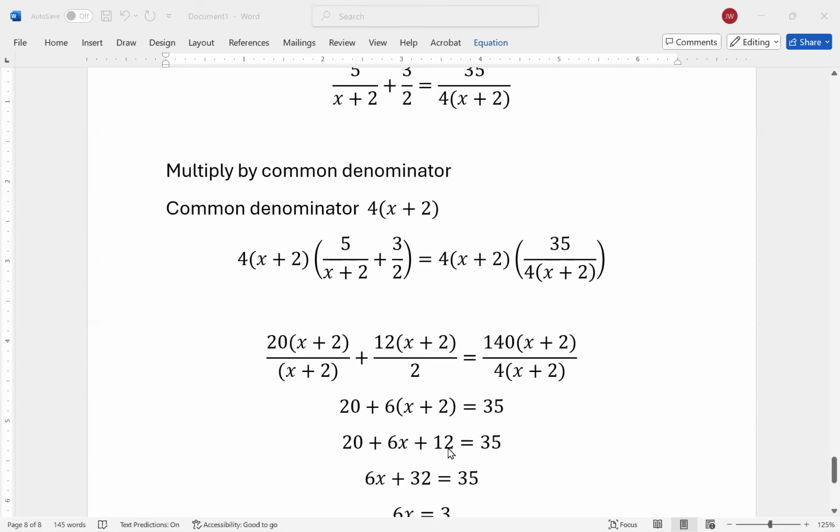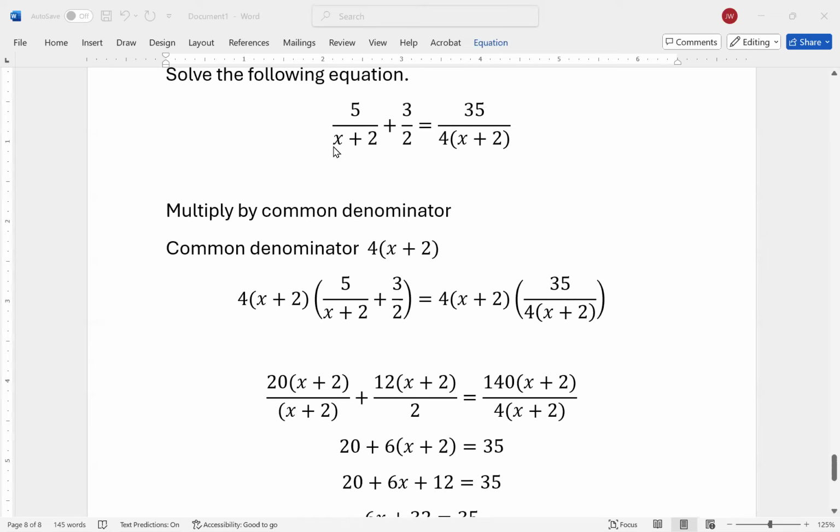If you want to, you can test out your answer by plugging it in. 5 divided by, this is going to be 2.5. So 5 divided by 2.5 plus 3/2. That'll give me 3.5 on the left. And then 4 times, this will be 2.5. 4 times 2.5 is 10.